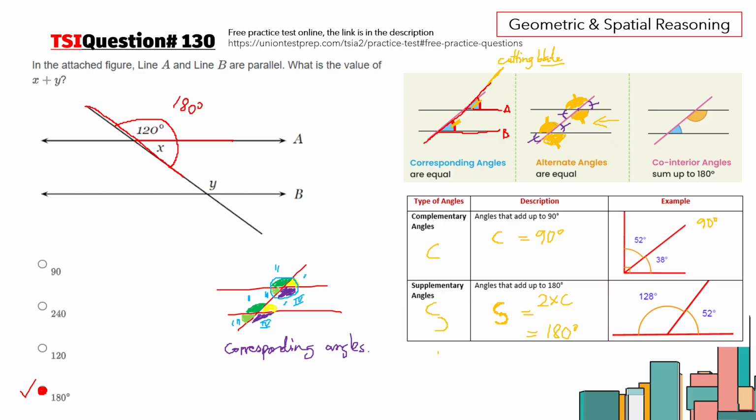When I subtract 120, I will have X equals 60. Then I look for the corresponding angles. I see this one is 120, above. Now I have this one on the same side, so Y equals 120. Now I add them up: 60 plus 120 is 180.